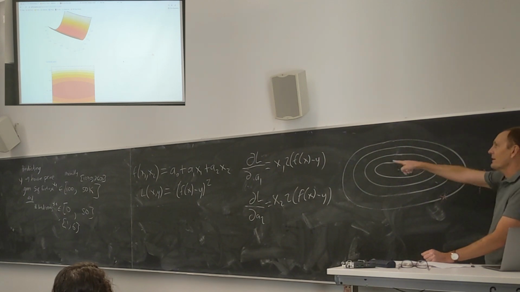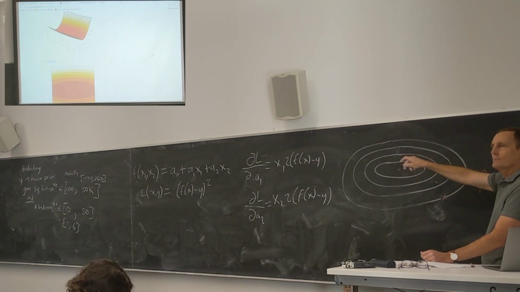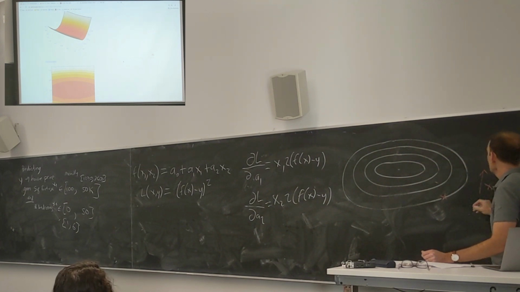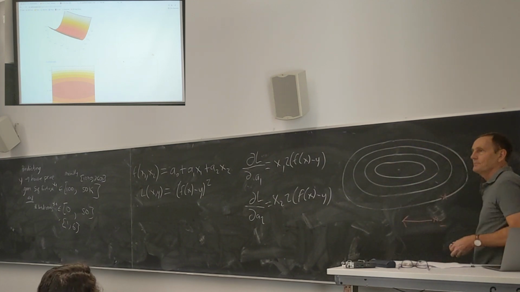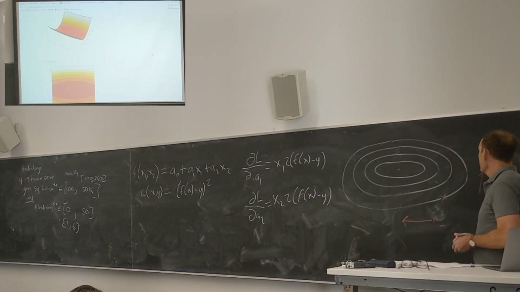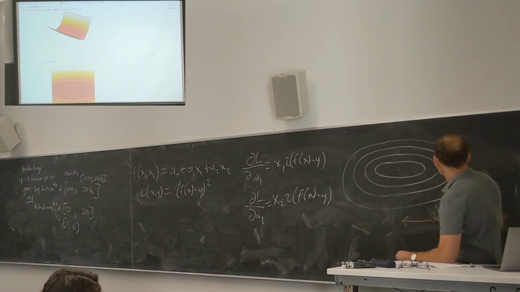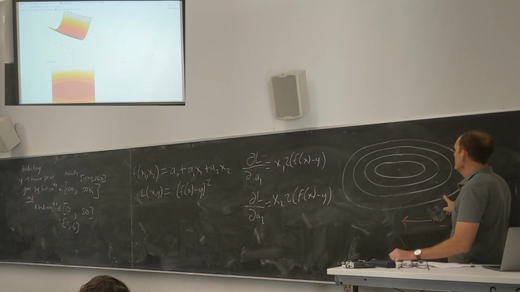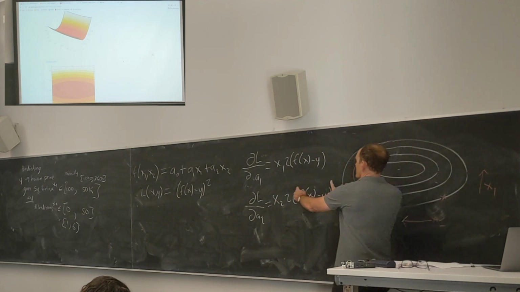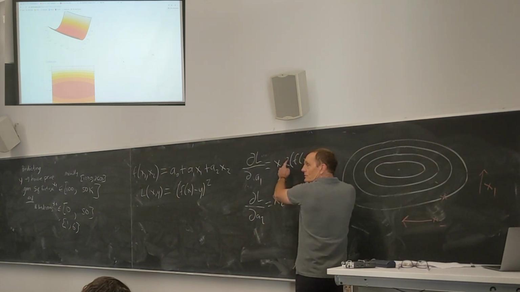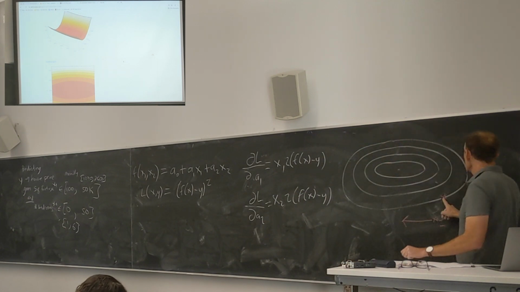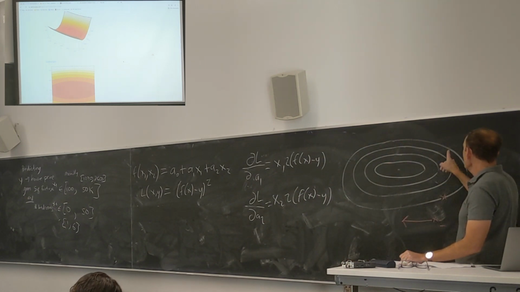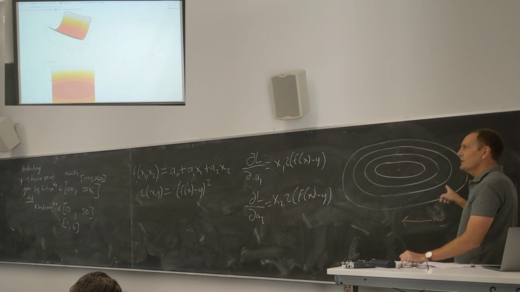So in our case, does this represent x1 or x2? x1. This is x1, and in this direction is x2. So are we going to travel more in the north-south direction or the east-west direction? The only difference between these two is the difference in x1 and x2.